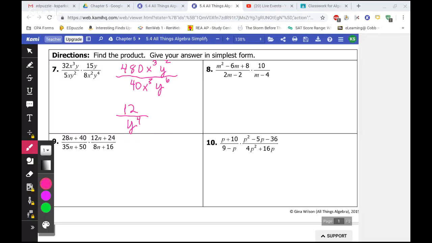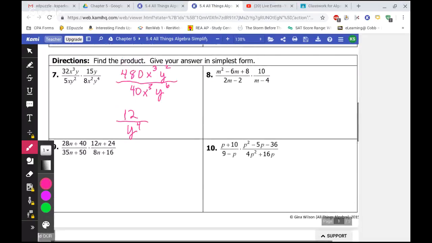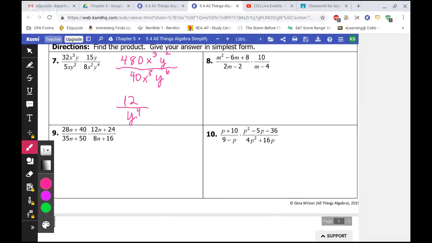So I don't know when you joined in, but if you saw some of the ones at the top or not, all right. So number 8, on that top one, we're going to factor first before we multiply across.